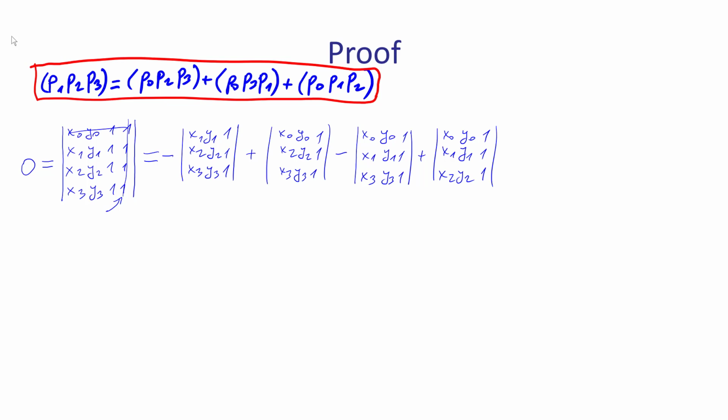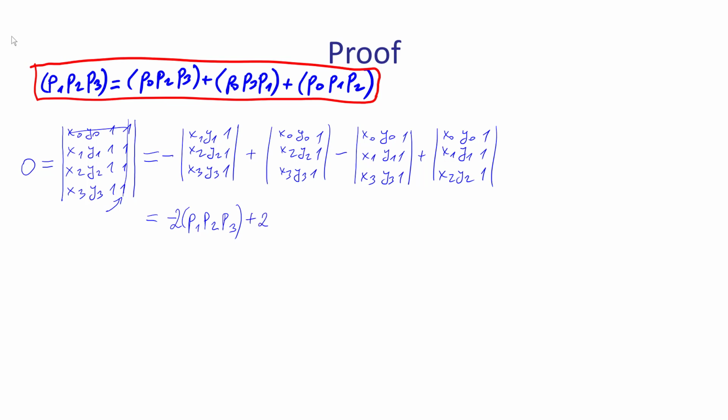Now let's see what it means. So this one is basically minus P1 with coordinates x1, y1, P2 with coordinates x2, y2, and P3 with coordinates x3 and y3, multiplied by 2, because this is the determinant without 1/2 before the determinant.